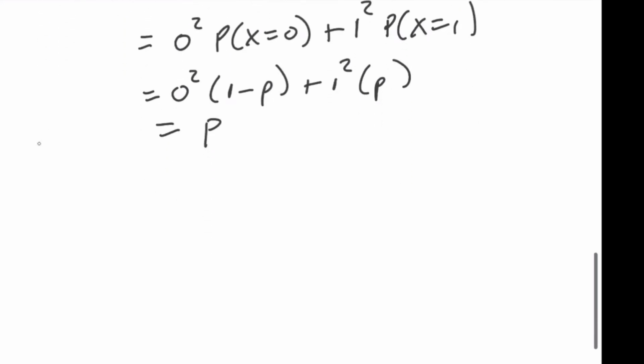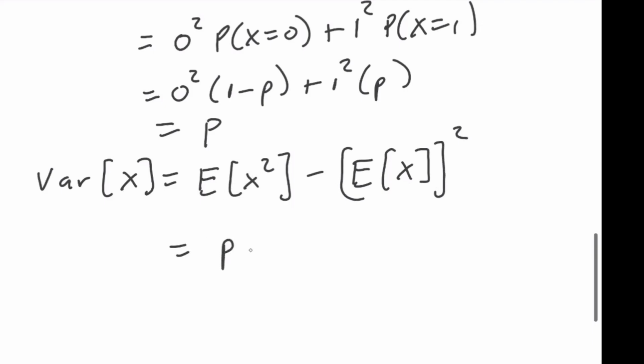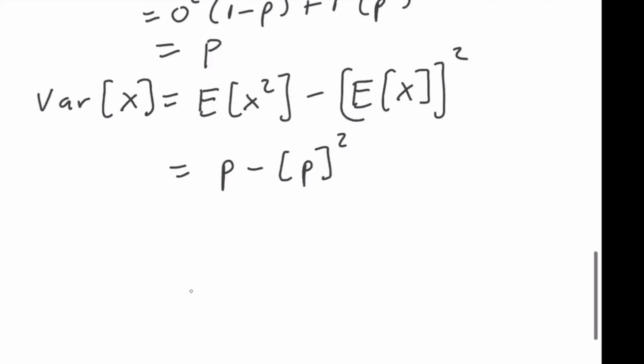So now we can calculate variance. That's equal to the expected value of X squared minus the expected value of X, squared. And we just calculated this. This is p minus, and the expected value of X is p, and then we square that. So it is p minus p squared, and we can factor that to get p times 1 minus p. So that is indeed the variance of this Bernoulli distribution.